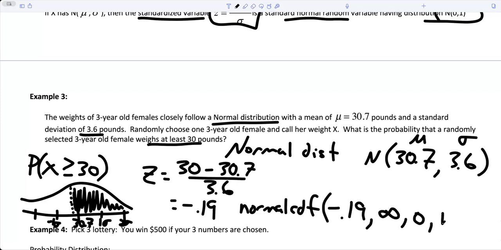Mu and sigma are 0 and 1. And why are these my bounds? Because I'm trying to find the probability that x is greater than or equal to 30, and this is the Z-score associated with 30 in the context of this problem. So take your calculator, since it's been a while, find normal CDF, put in the bounds, and let's get a probability.